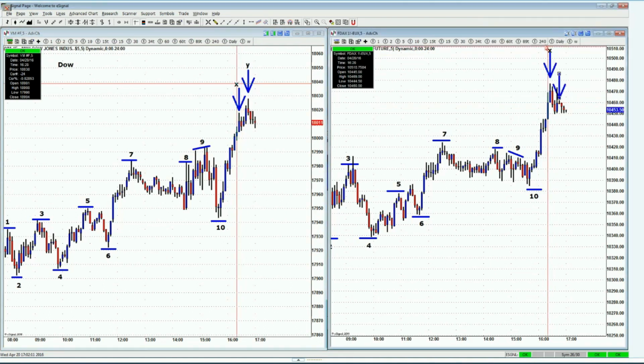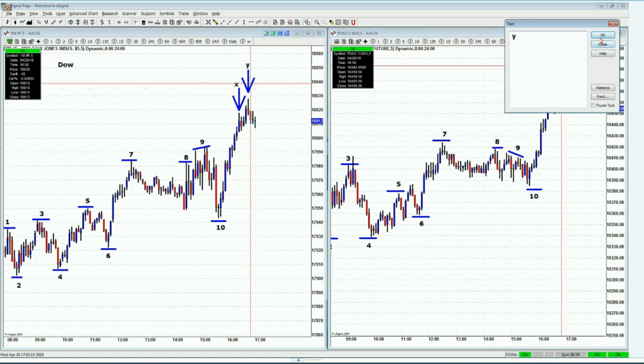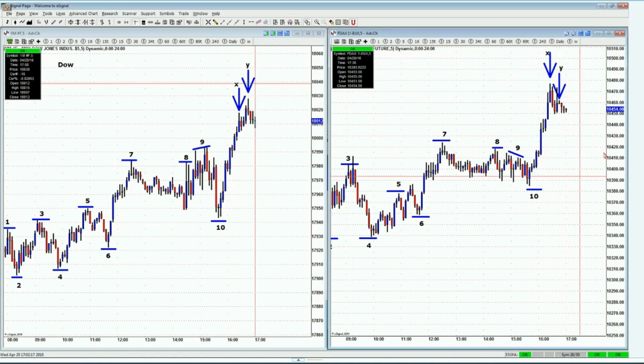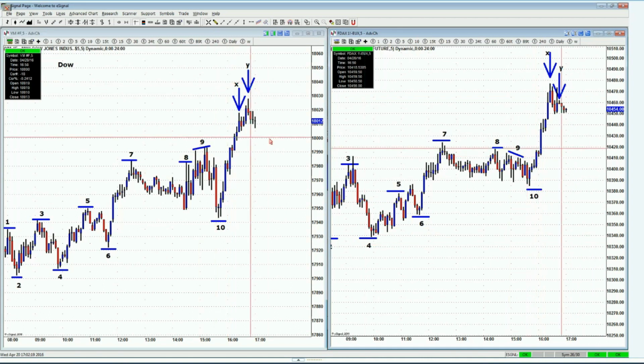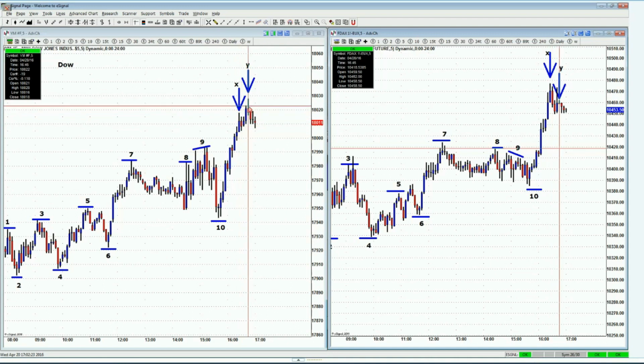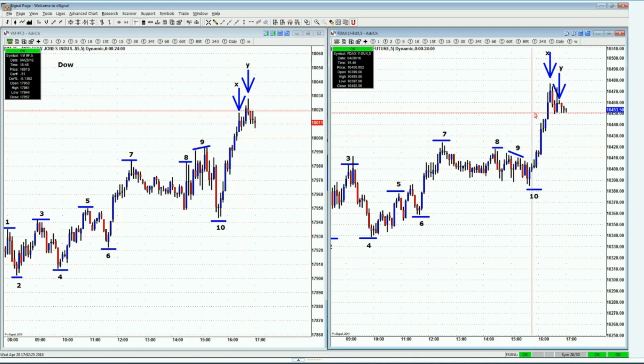Then it means that the point X and point Y on each chart will correspond with each other. So over here in the Dow, I've got a Dow that has just made a higher high, whilst over here in the DAX, I have an index that has made a lower high.